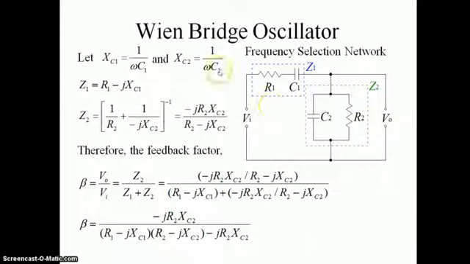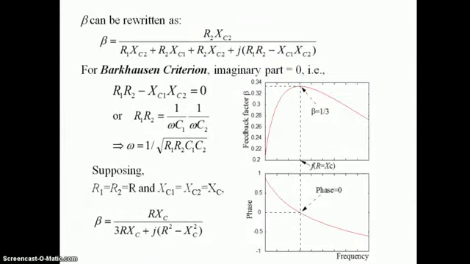In the Wien bridge oscillator, the RC type of section is used in the feedback path, and here X1 and X2 are the two reactive components. Z1 is denoted by 1 upon omega C1 and Z2 is denoted by 1 upon omega C2. Finally we have to calculate A and beta. Beta is equal to R2 Z2 divided by this equation with the imaginary part.